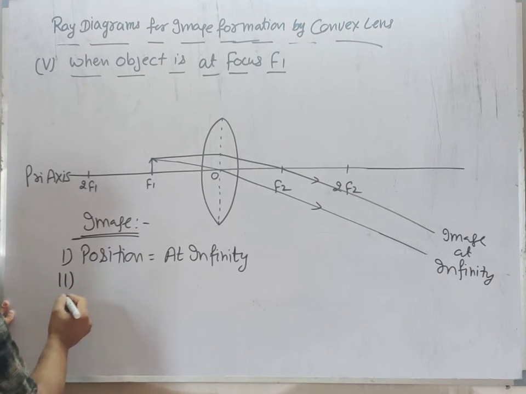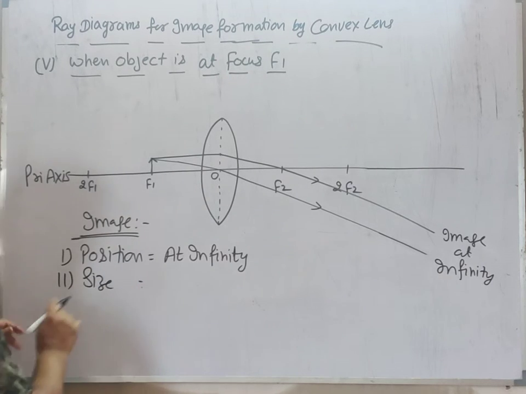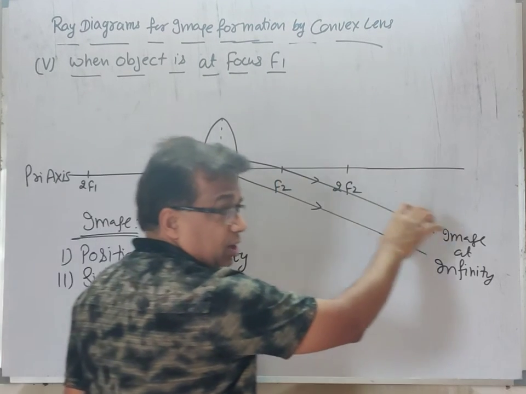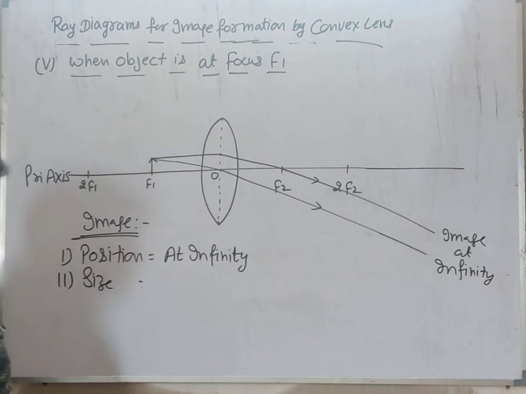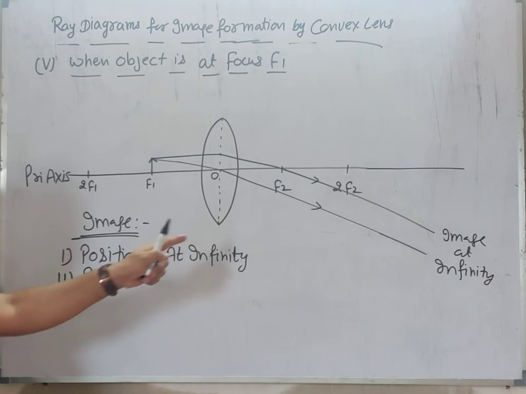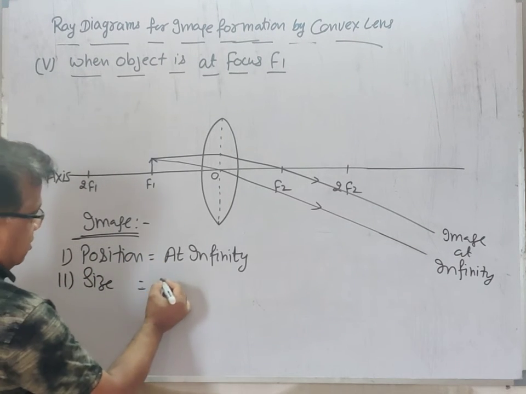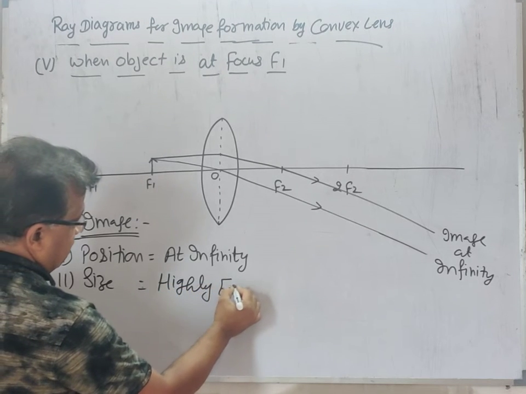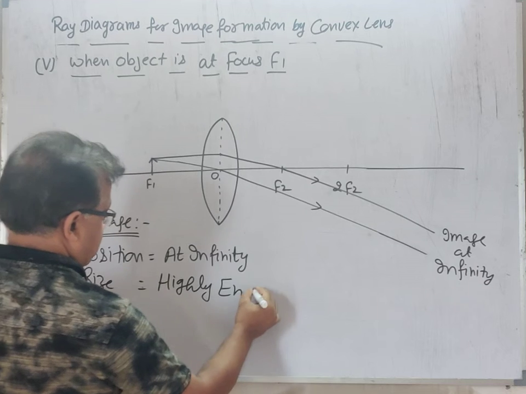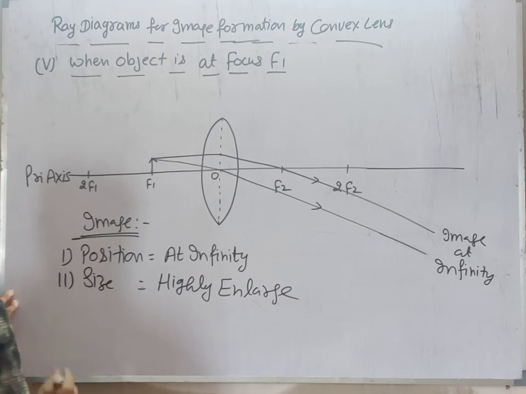Second, what is the size? As they are moving away, the distance is increasing, and due to that the image will be formed at a large distance and the size will increase. So the size is highly enlarged, that is, very large.